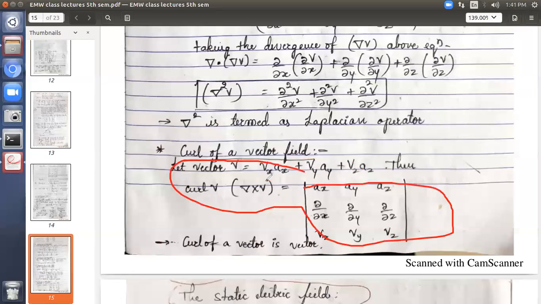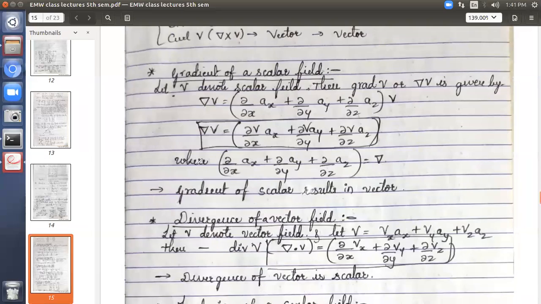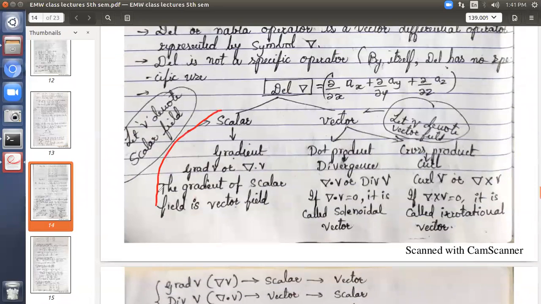So del operator individually doesn't have any meaning, just like plus or minus. It should be associated with either a scalar or a vector. If it is associated with the scalar quantity, then we call it gradient. Condition is it should be a scalar field.